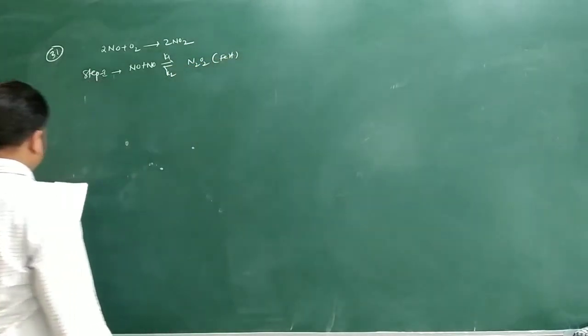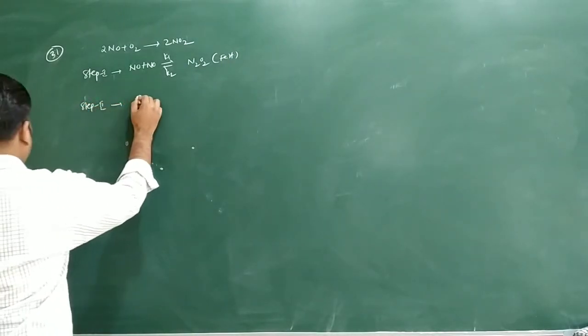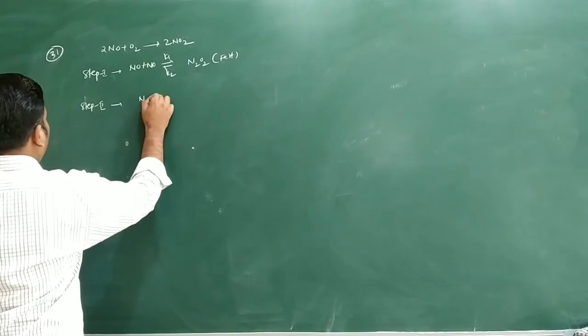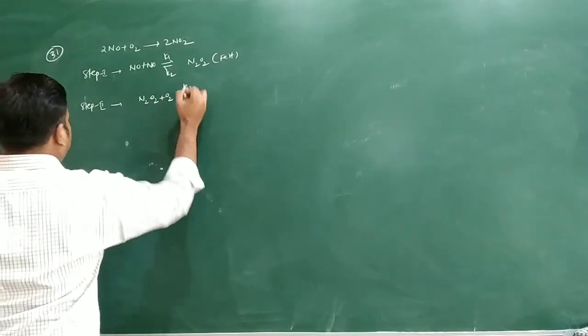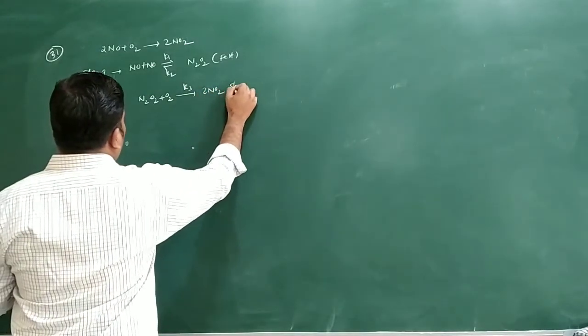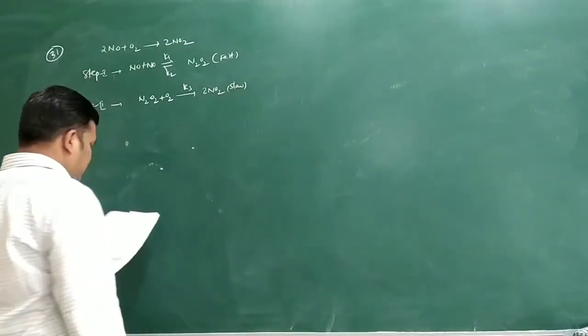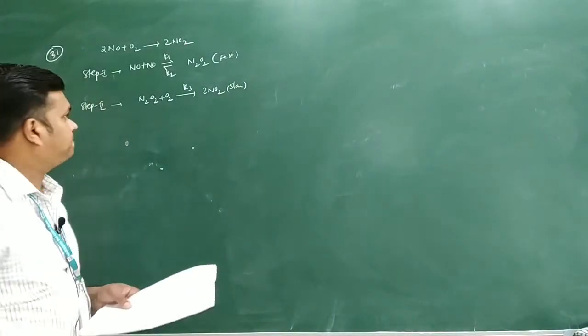This is the first step. And step 2 also given here: N2O2 plus O2, with K3, gives 2NO2. This is the slow step of the reaction, and find out the overall order of the reaction.